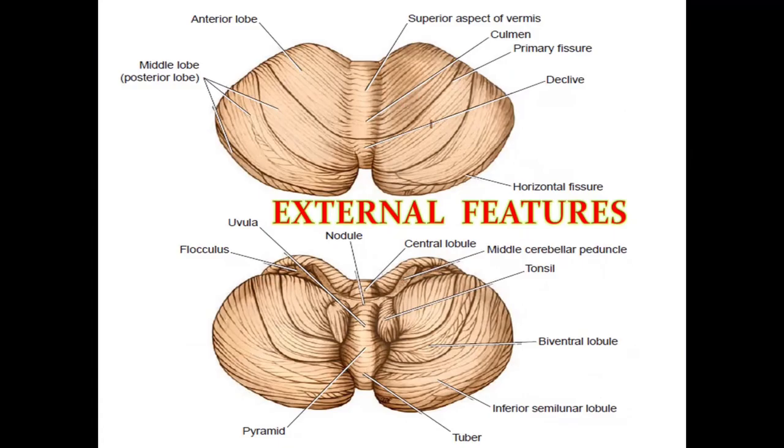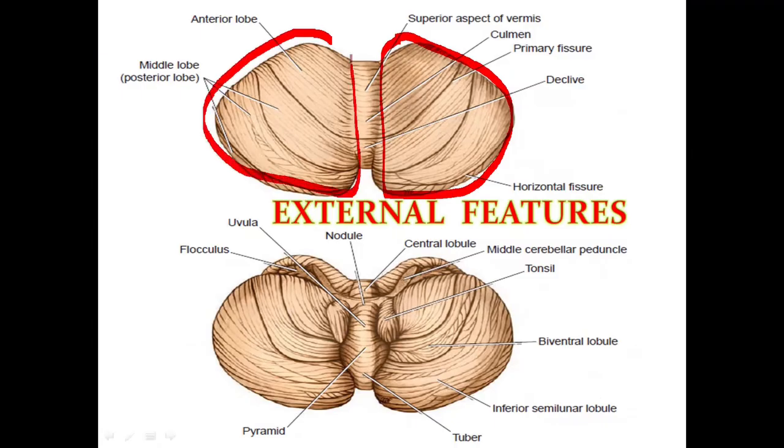In this picture, you can identify one edge of the cerebellar hemisphere, and this is the other side, the left cerebellar hemisphere. At the center, we can call the interconnection the vermis, or worm.